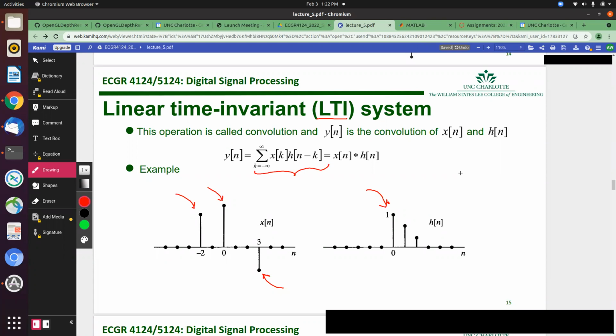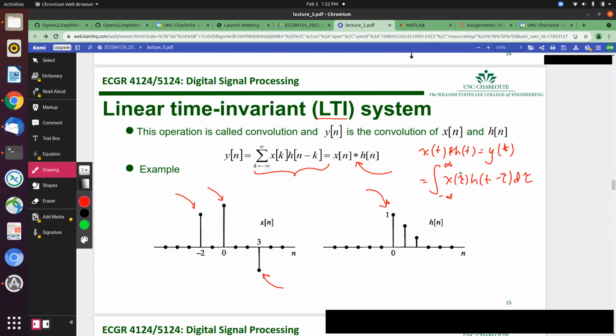All right. This star, you've seen it before. Usually you see it like x of t star h of t, and that gives you y of t. This denotes convolution. I don't know if you remember the equation that you had in 3111, but it looks like this: you go from minus infinity to infinity, x of tau, h of t minus tau, d tau.